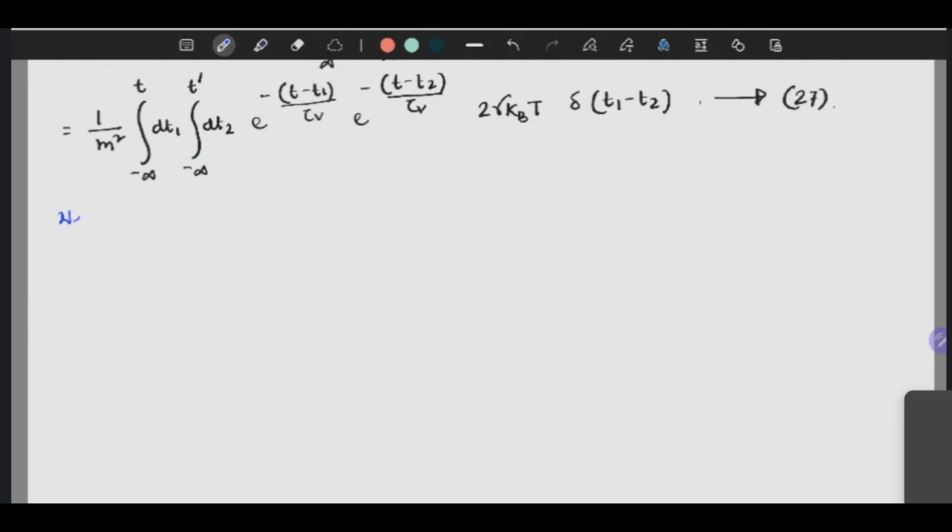We will be doing this integration separately for two cases.